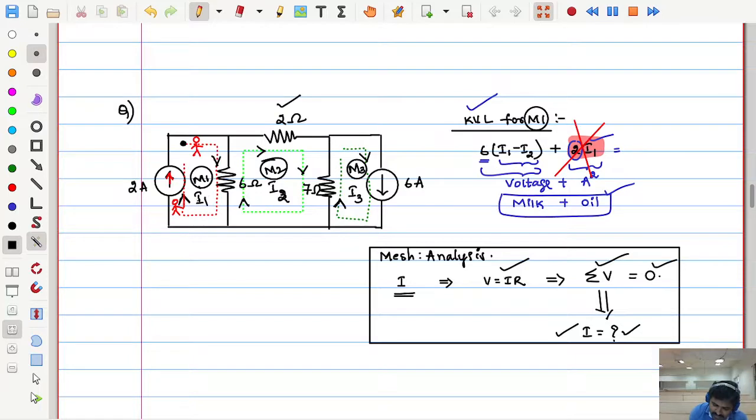My current is the same as the current which is already given here. How much is my current? Tell me now. 2 amperes. Actually, you are searching for current, and with this procedure, you immediately got the current. Just like if you are playing some game, you got some joker. So you will feel happy.